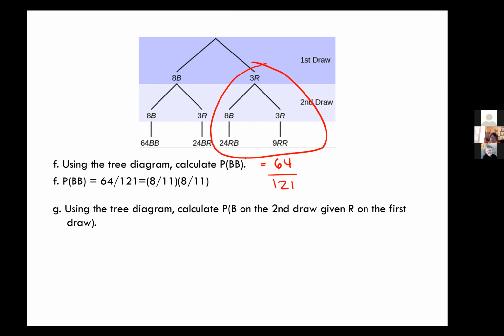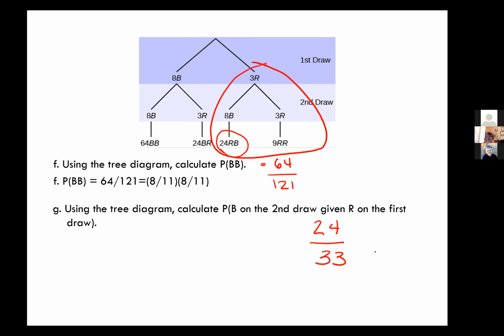Well, there are 24 possible outcomes where you get blue on the second given the first is red, divided by, well, now what's my sample space? Well, now the number of possible outcomes from that branch where red was my first draw, there are only 33. So it's 24 over 33.